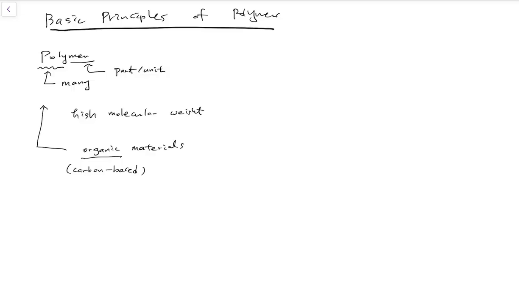Carbon-based materials show very high molecular weight. To do that, those carbon-based materials should be connected by chemical bonds. Then we need to know what kind of chemical bonds are present in polymeric structures.